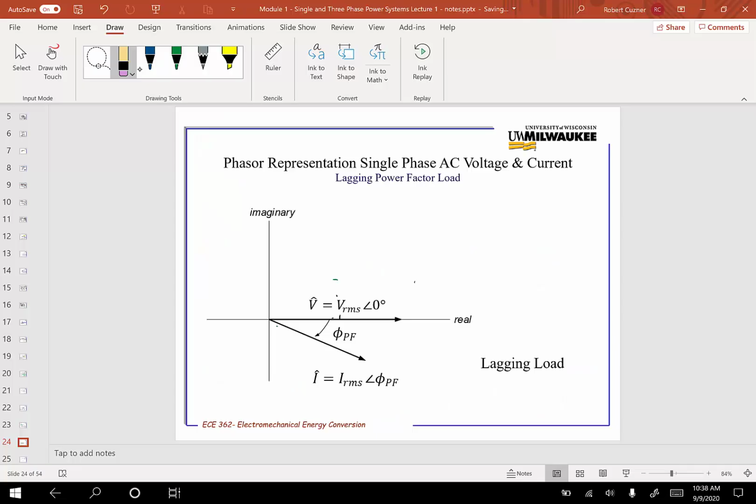Looking again at a phasor diagram, the voltage is on the real axis, and the current for a lagging load is down here.